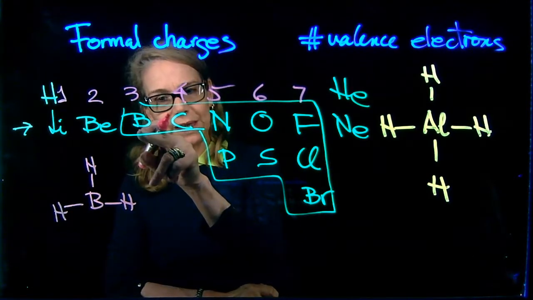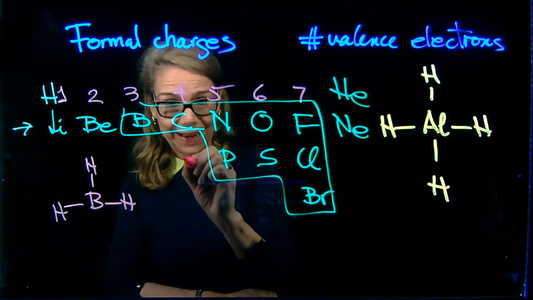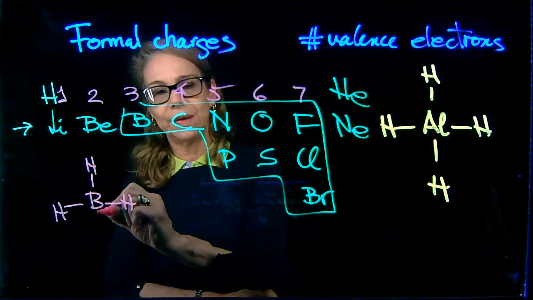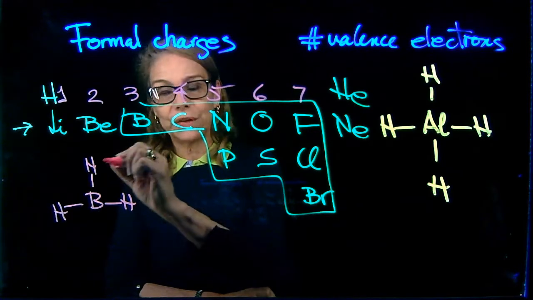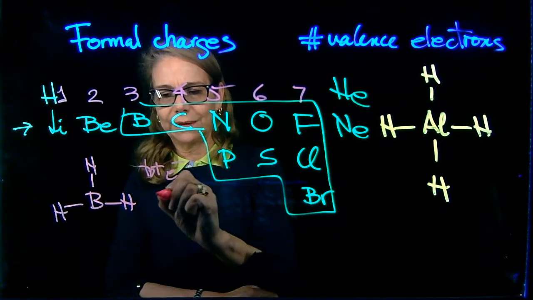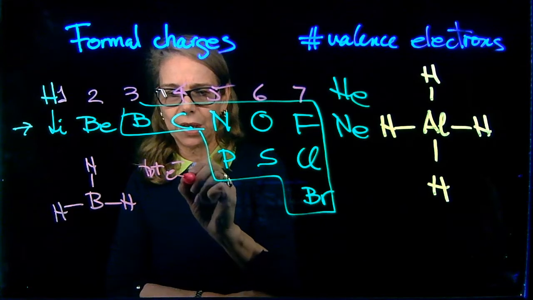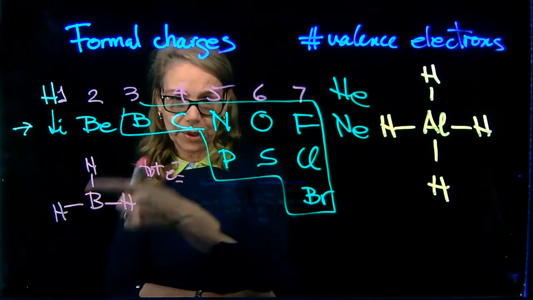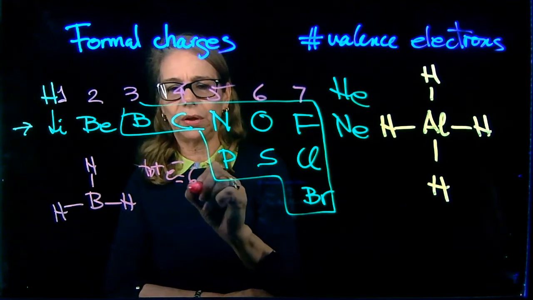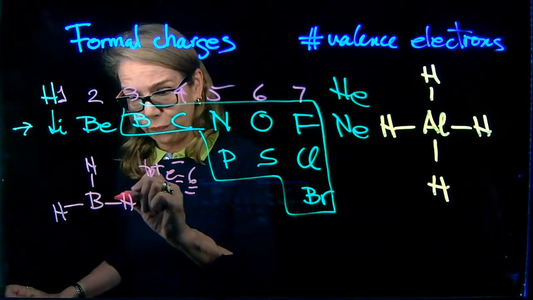Boron has 3 valence electrons, and so when you do the counting for the Lewis, you will have 3 and 1 electron from each of the hydrogens. So total electrons, you have 3 valence electrons from the boron, and 1, 2, 3 from the hydrogens, so you have a total of 6. And that's your correct Lewis structure, 2, 4, 6.